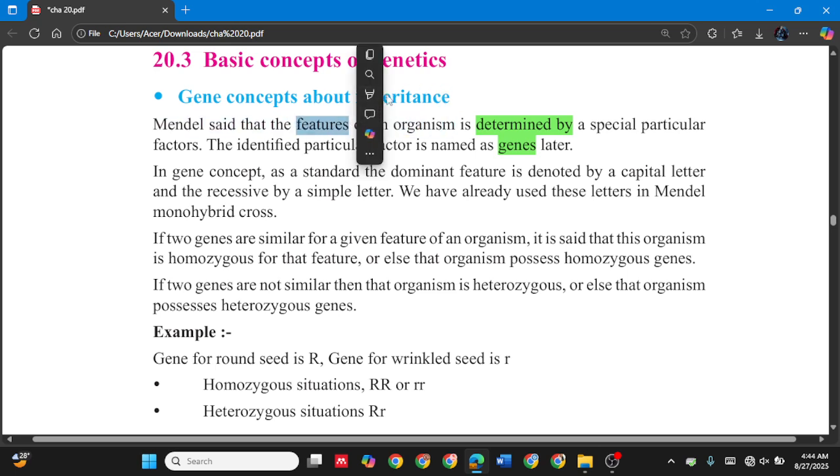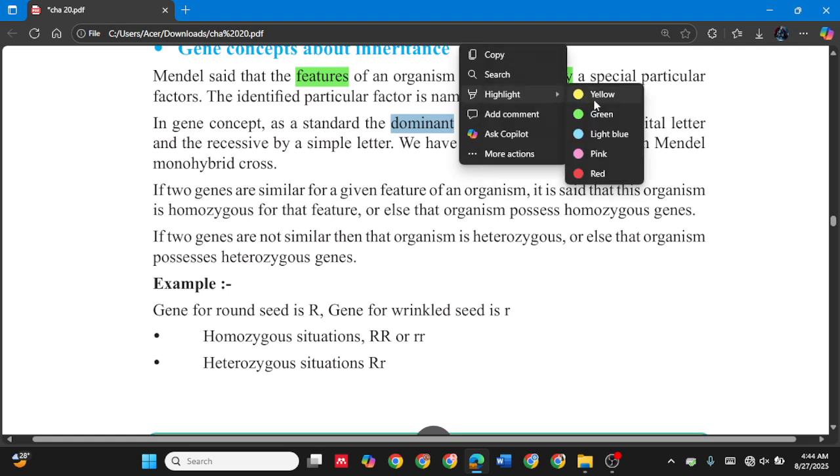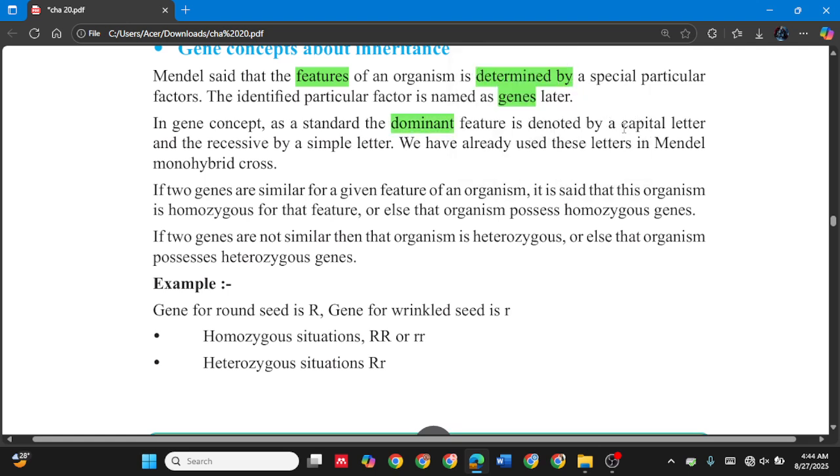Features determined by genes. In gene concept, as a standard, the dominant feature is denoted by a capital letter. If it is dominant, highlight or underline these things. It should be denoted in capital letter.